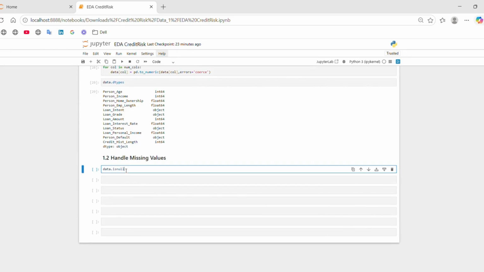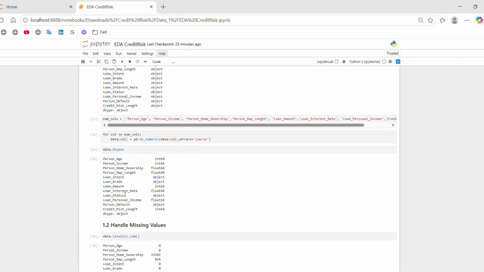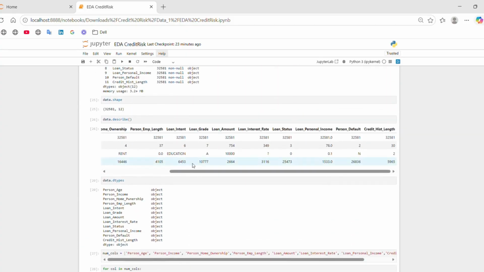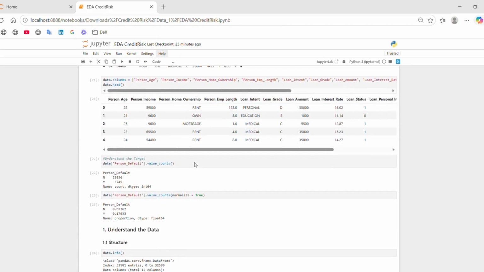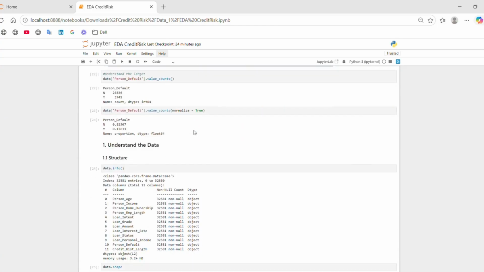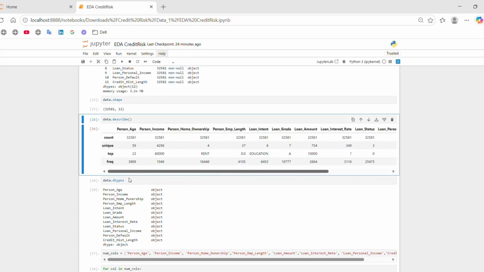Okay, for that we have already done this in our previous Python classes. But for this we'll do data.isnull().sum, and it is showing that person home ownership has no data. Give me a second. Home ownership is categorical.